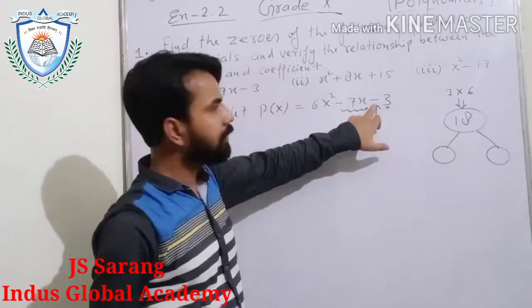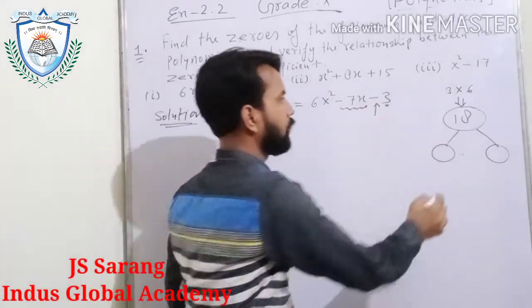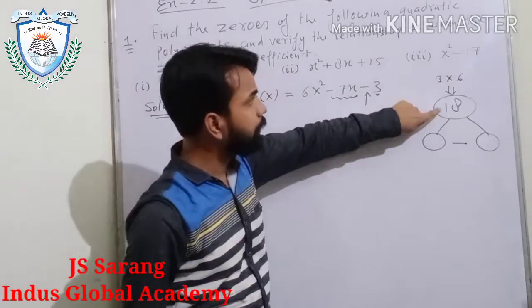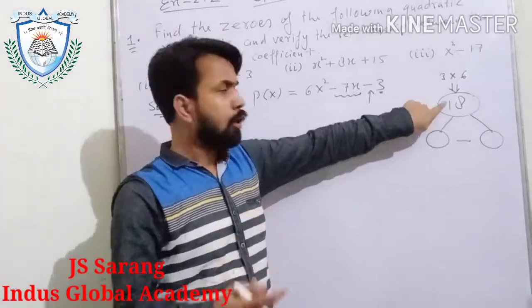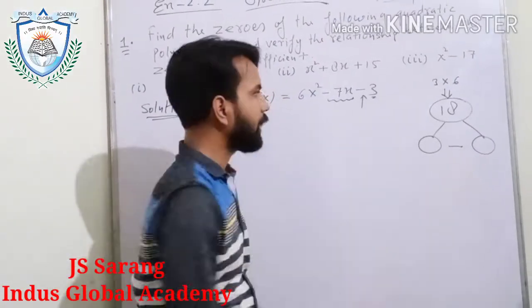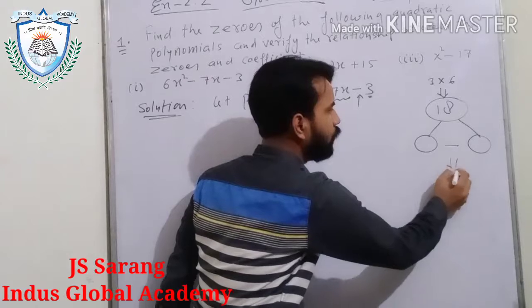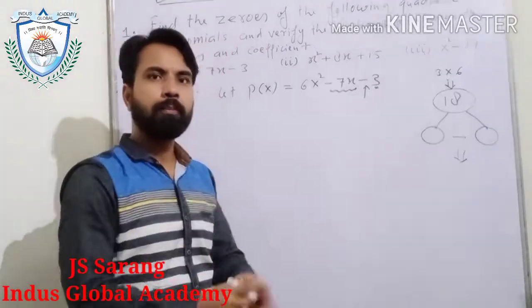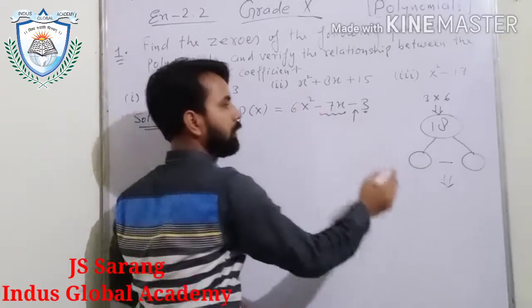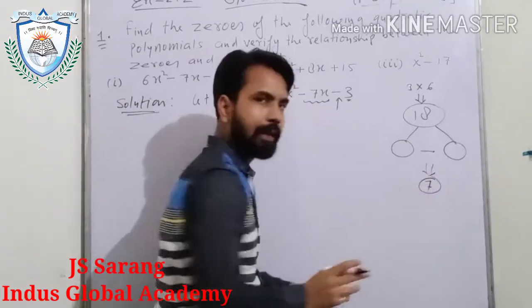Which sign is here? That is minus. So I will put minus here. So now we will break 18 into 2 factors so that their subtraction will give you the coefficient of the middle term. What is the coefficient of the middle term? That is 7. Are you getting this?